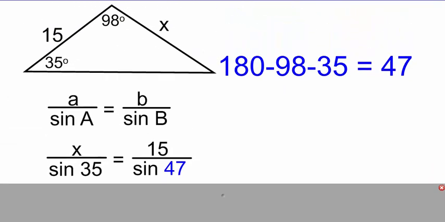Once I've established the two ratios, the other thing I should mention is, notice from the start I did not label my triangle A, B, C, and D, or just A, B, and C, because I want to make sure that I can use whichever pairings of sides I want. Here I want the unknown value and the angle with which it pairs, and I want the known side and the angle with which it pairs.